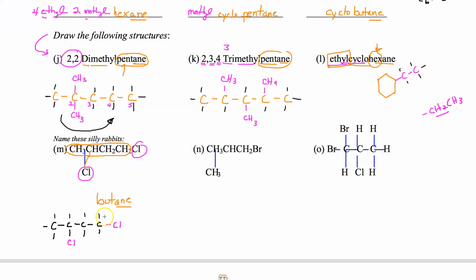So if I name it, I'm going to name it 1, 2, 3, 4 carbon. So this tells me that on the first and third carbon, 1, 3, I have 2 chlorine groups. So we go di, like we've been doing, like for dimethyl, dichloro.